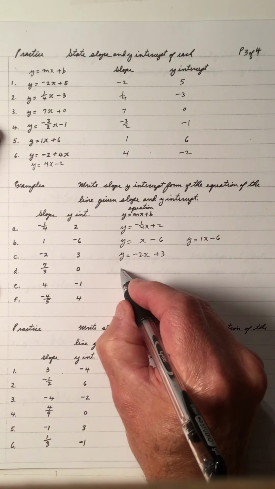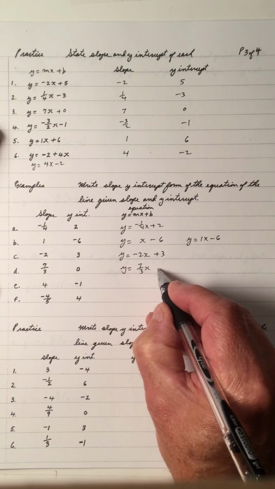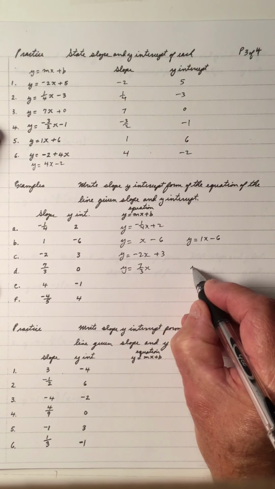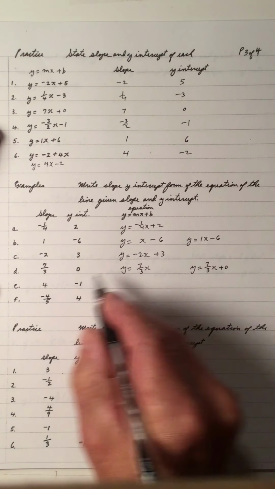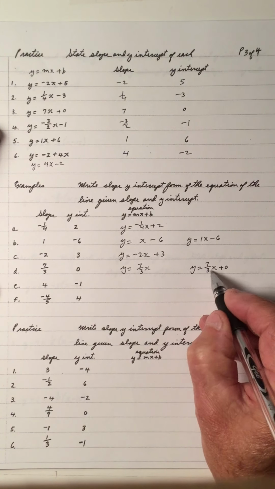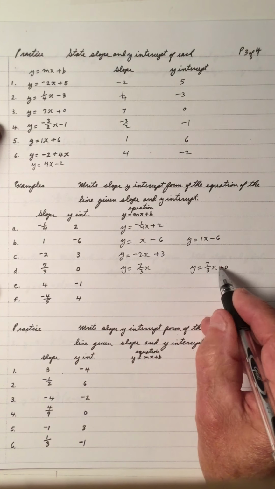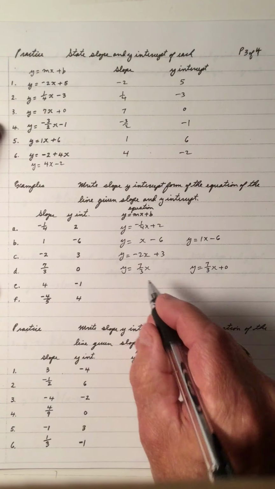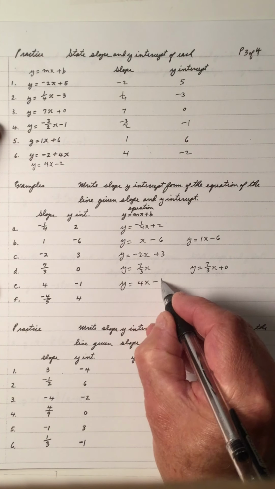Slope is 7/3, so 7/3x plus 0. And if I write y equals 7/3x plus 0, because the y-intercept is 0, adding 0 is the same. So we normally see this instead of this one. The 0 is not put in. Y equals 4x minus 1.